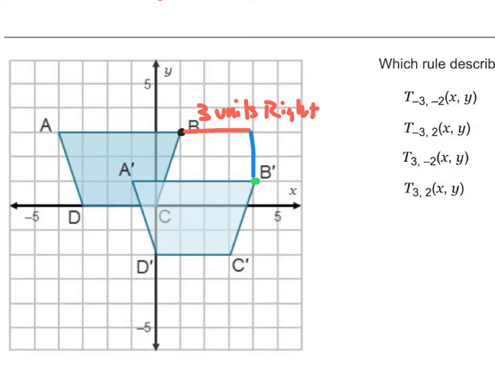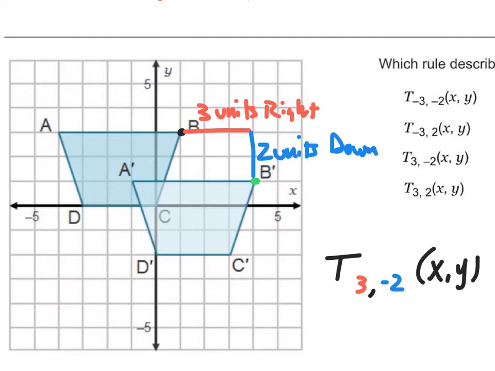Because of that, I'm having a translation. 3 units to the right means that 3 is going to be positive. And if I move 2 units down, that means that my b value is going to be negative. We would do that on every point x, comma y, and that's going to be this answer here.